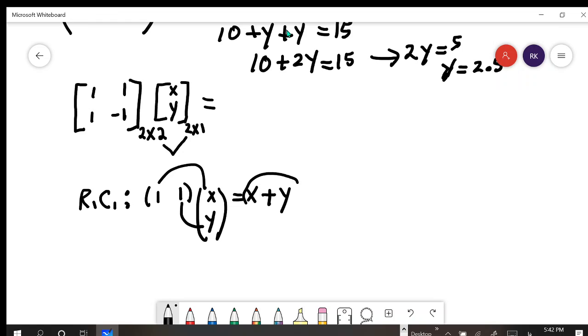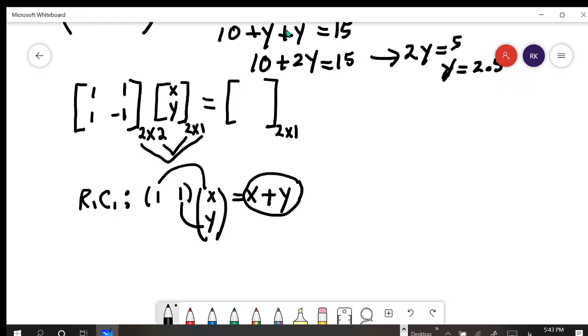So this number goes in the answer. Now the answer is 2 by 1. See? So it has 2 rows and only 1 column. So this number is going to go here.